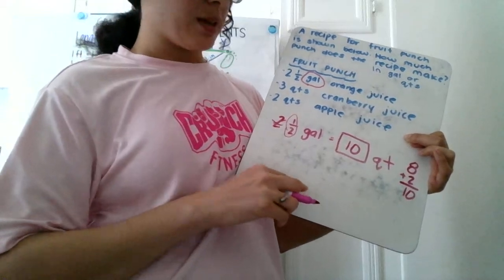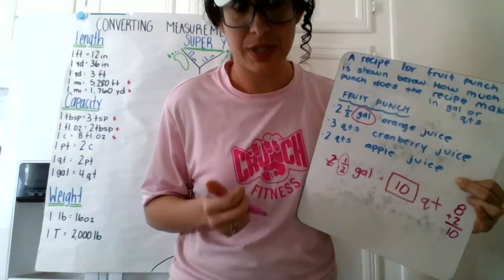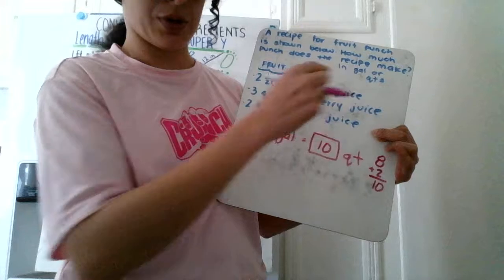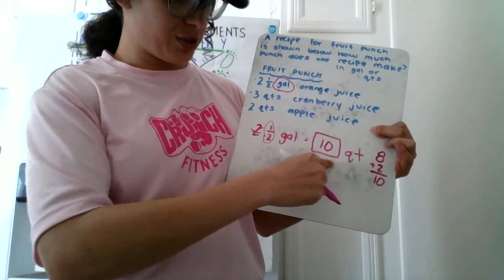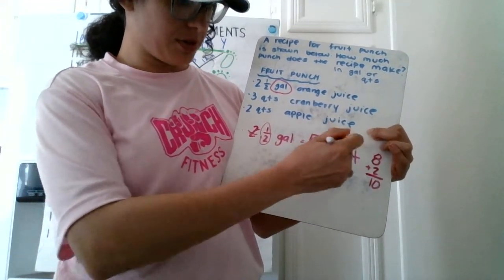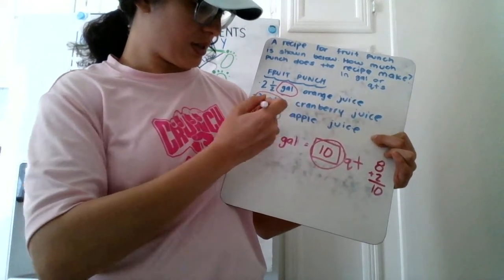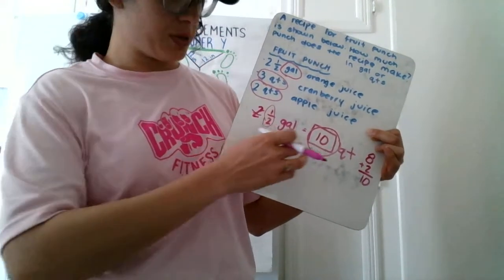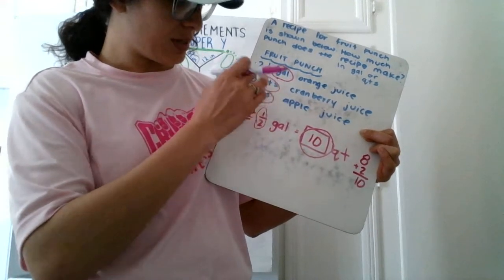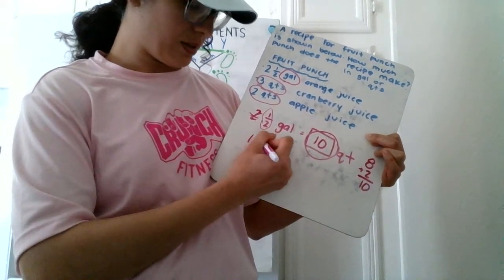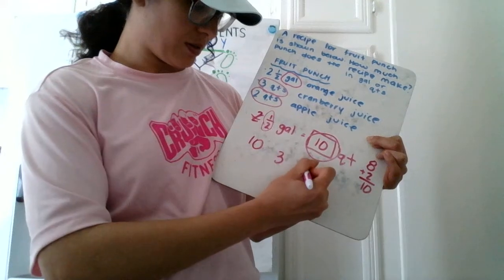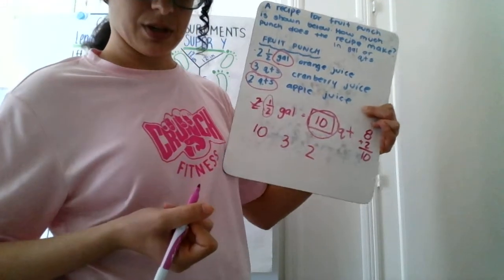Okay. Now, I'm going to answer this in quarts. So I change this to quarts. I have 10 quarts. And then I have 3 quarts and 2 quarts. What do I do with this 10, this 2, and this 3? What do I do with those 3 numbers?